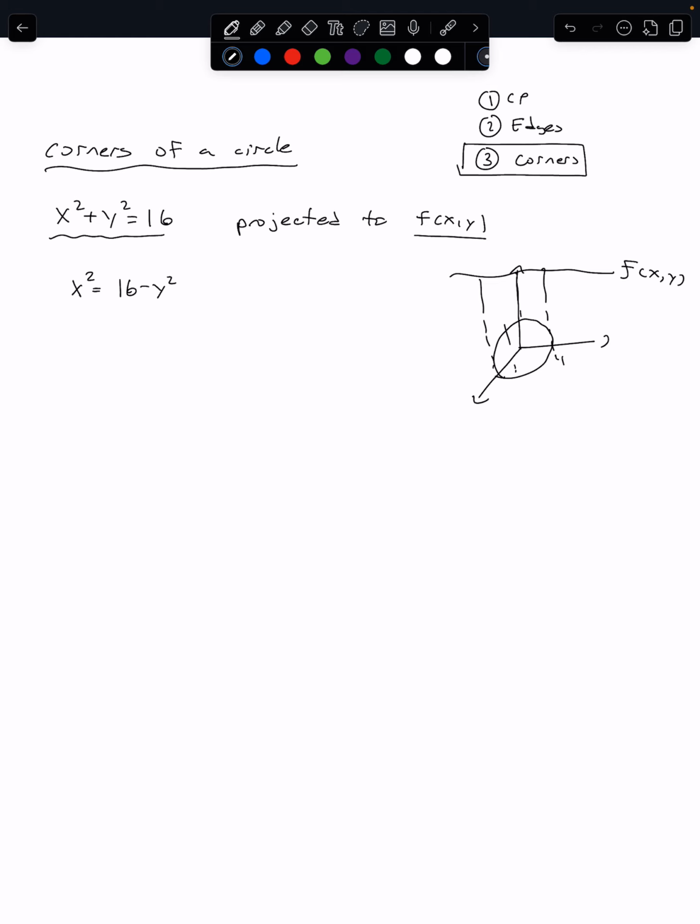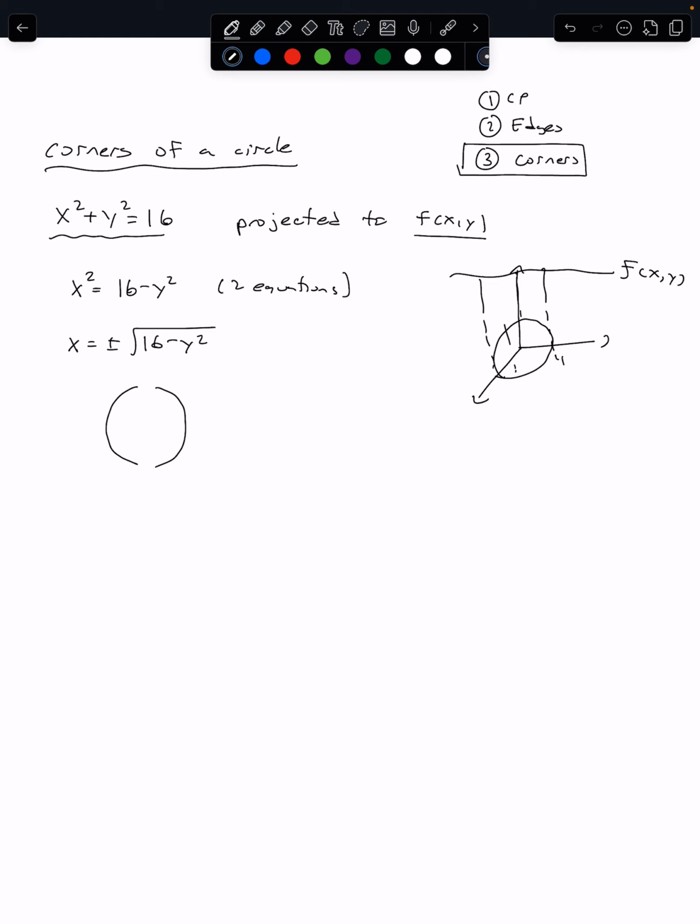But to get the corners, we think of the circle on the xy plane, and recall this is actually 2 equations. We really get x equals plus or minus the square root of 16 minus y squared. As a result, this forms 2 halves of a circle, both centered at 0.